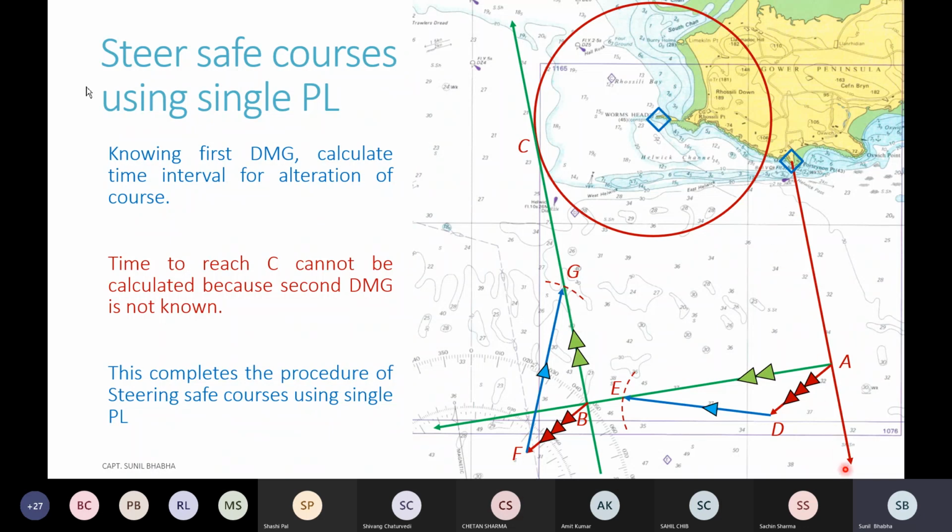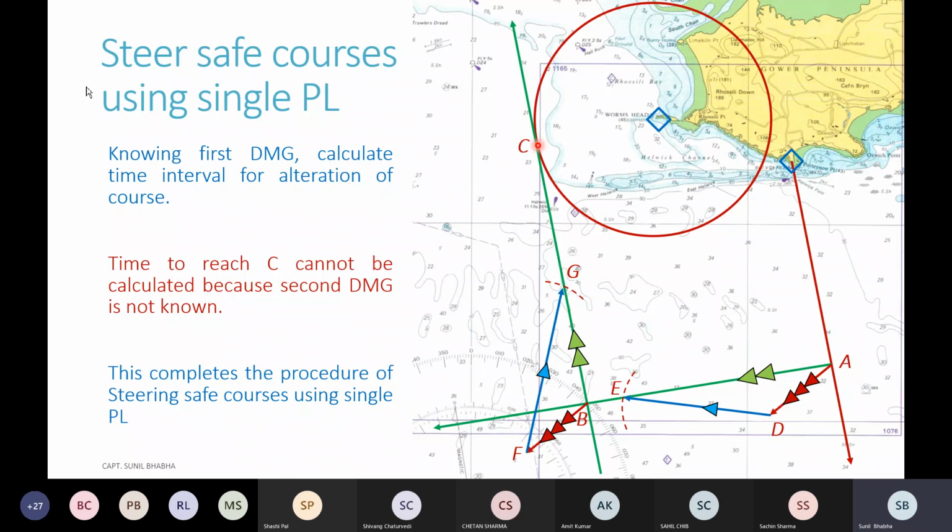So wherever you are on your first PL, once you steer your first course made good for this particular time duration, these being parallel lines, the initial PL and the tangential line being parallel lines, you will always find yourself after the first leg on line BC. And once you hit line BC and you alter your course to your second course made good, that is Bravo Charlie, you are certainly going to reach at point C.